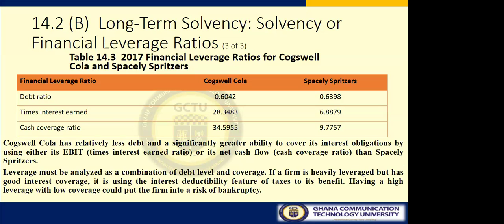So it's basically the same as interest cover in terms of cash. So Cowell has a 34 times leverage when it comes to operating cash as compared to the 9.7 leverage Spacely has.